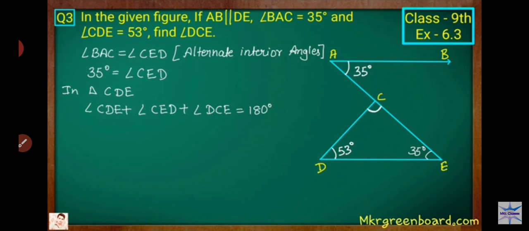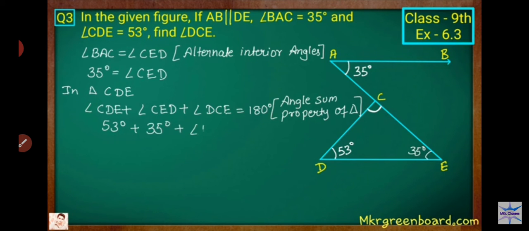And what is the reason you write? Because of the angle sum property of a triangle. Understand? We know CDE is equal to 53 degrees and CED is equal to 35 degrees. So write down the values: 53 plus 35, this is 35 degrees because they are alternate interior angles, plus angle DCE is equal to 180 degrees.